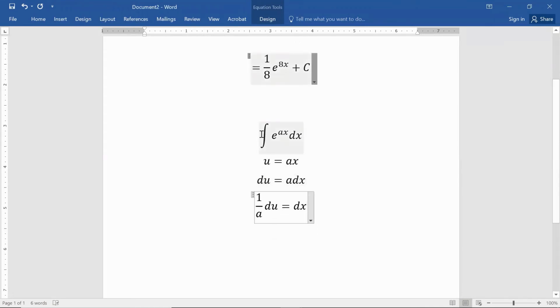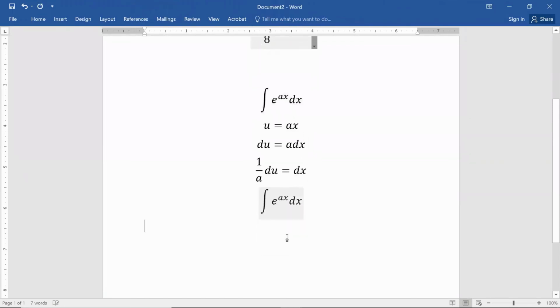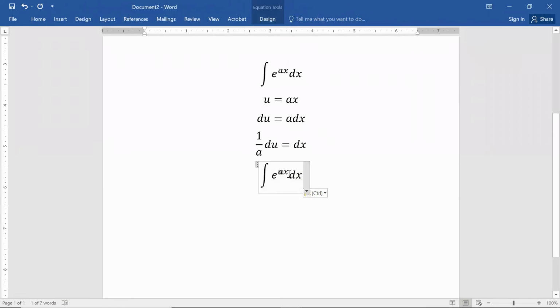When I would have done my substitution problem, the e to the ax would have turned into an e to the u. The dx would have turned into 1 over a times du. I'm going to write the 1 over a out front. Notice what this is. This integration is going to be 1 over a multiplied times e to the u plus a constant.